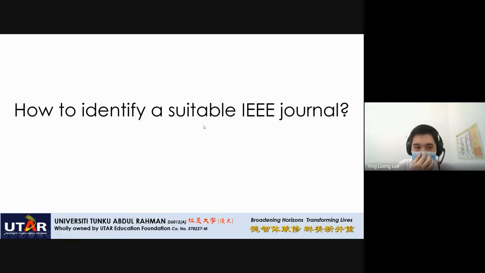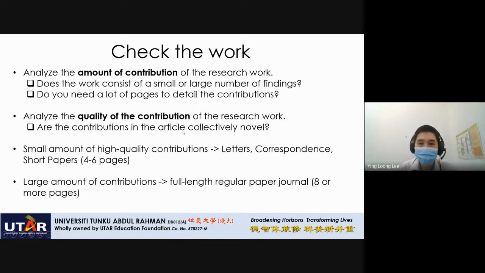Okay, now we go into how to identify a suitable IEEE journal for your work. Based on my experience, what I would do is first check my work, all right? I will analyze the amount of contribution of my work, whether it is a small contribution or a large contribution.